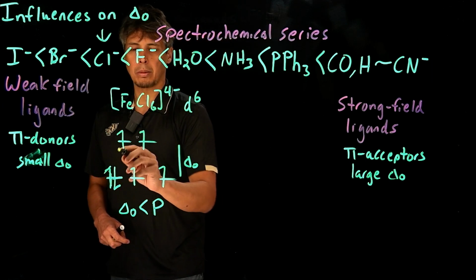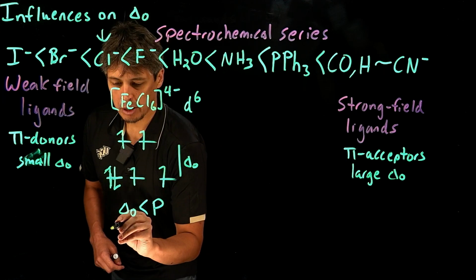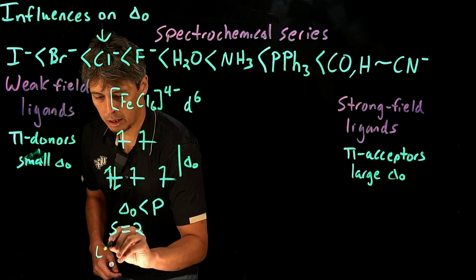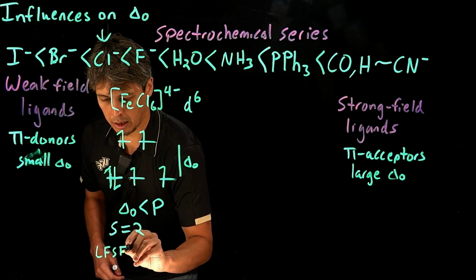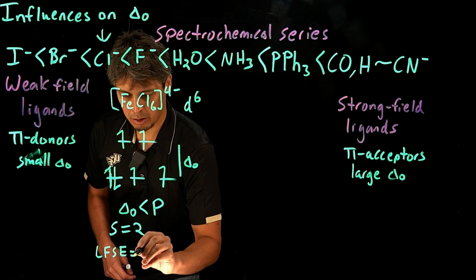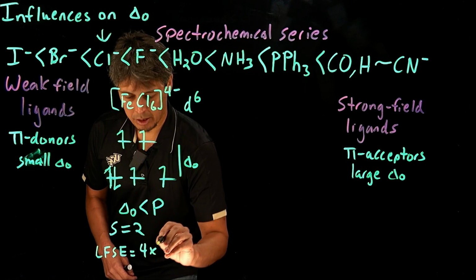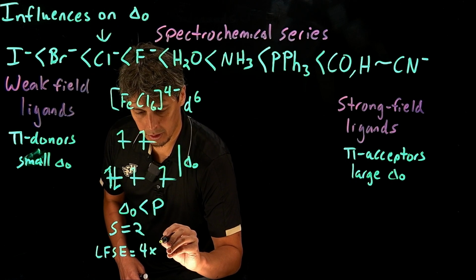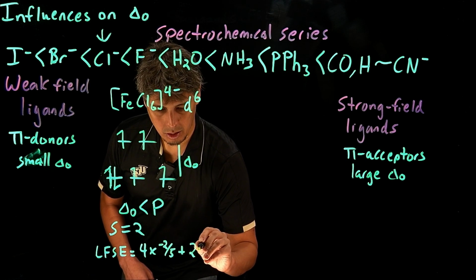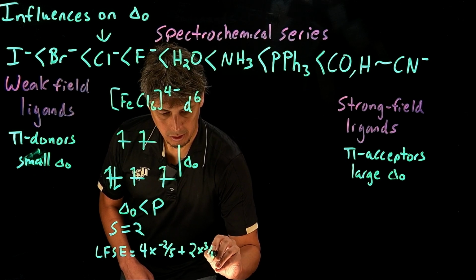And so what we end up with is an overall spin 2 system, and an LFSE of 1, 2, 3, 4 times -2/5 plus 2 times 3/5.